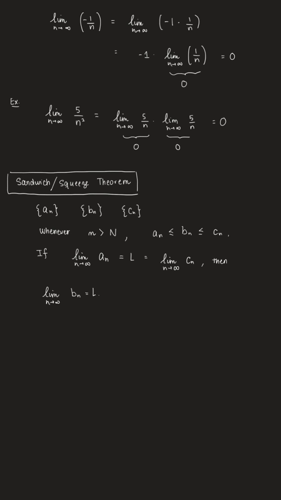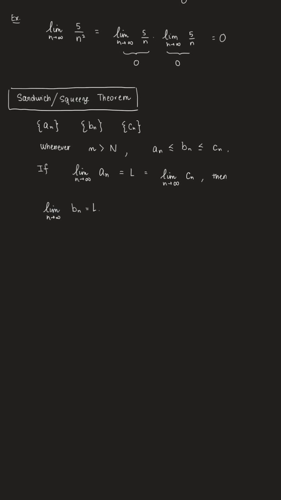Let me give you a visual to help you understand, and then we'll look at a specific example. Remember that I mentioned that sequences can be plotted on a two-dimensional plane. Let's suppose that A sub n is the smallest as n gets really big.